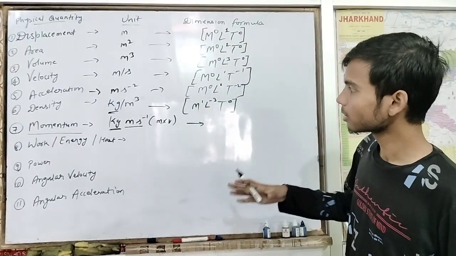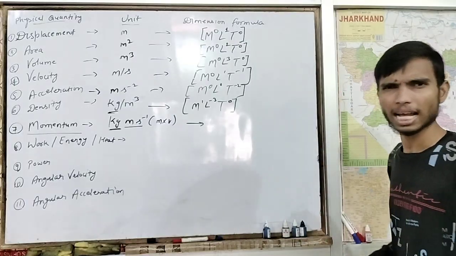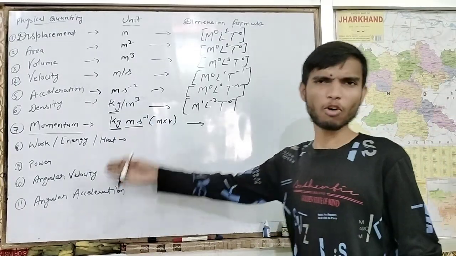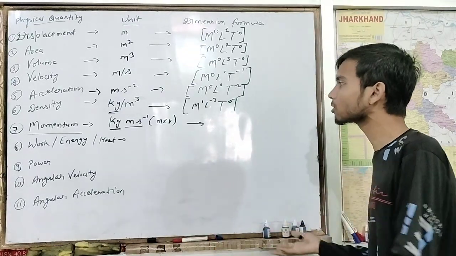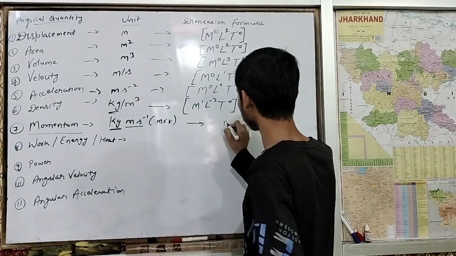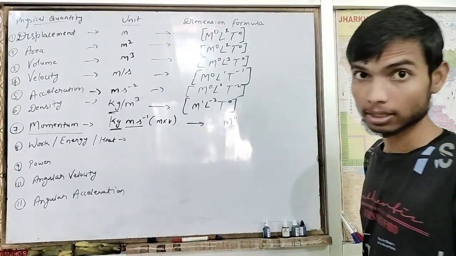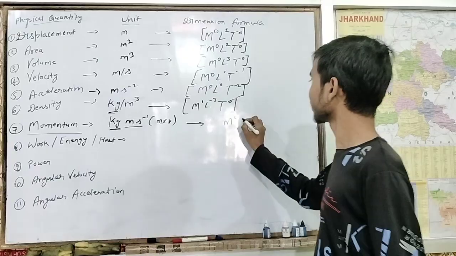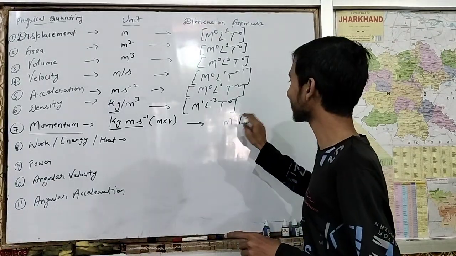We can create from scratch the dimension formula for this momentum. If we don't know the dimension formula for velocity, here, look at it. Kg is a mass. M is 1. Meter L 1. Look at over here. It is not 0. This is 1.